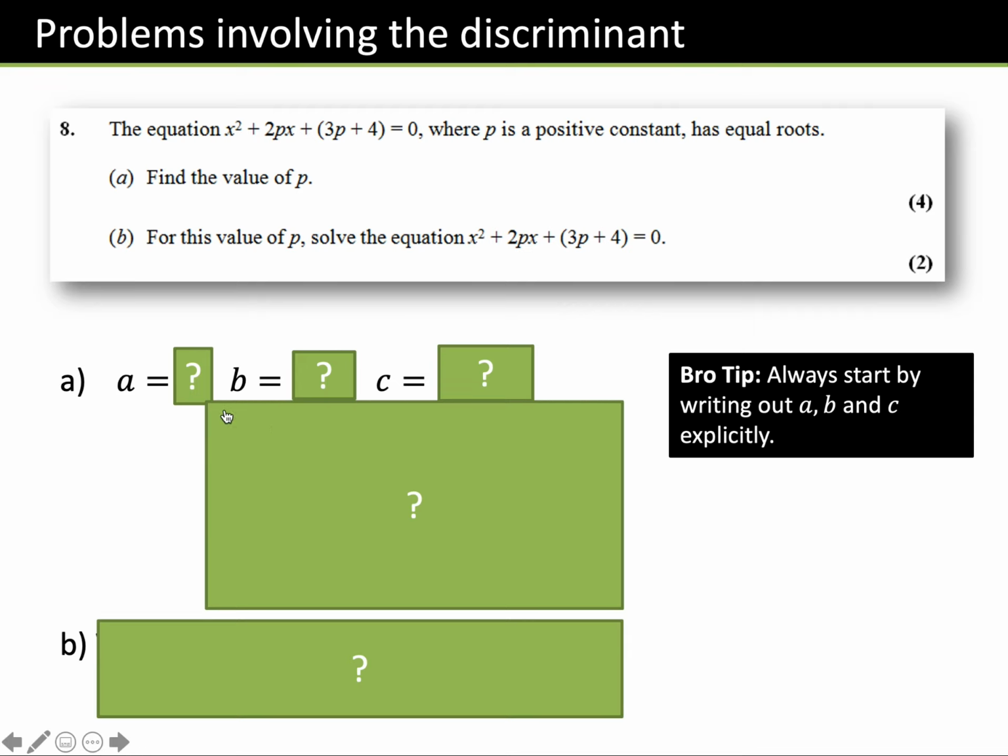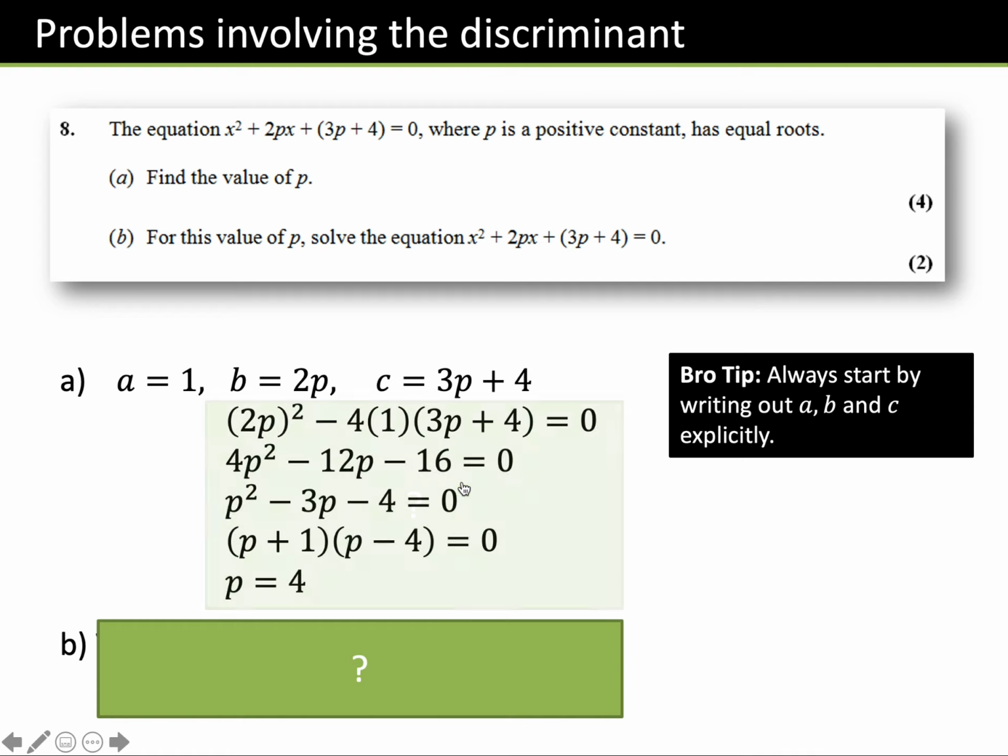First, work out a, b, and c. So a is 1, b is equal to 2p, c is equal to 3p plus 4. Then, using the discriminant b squared minus 4ac, we know it is equal to 0 because it has equal roots.